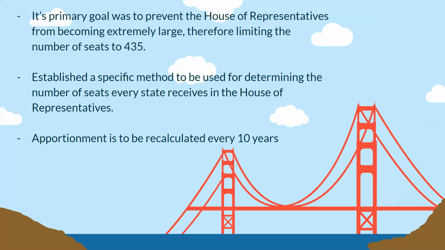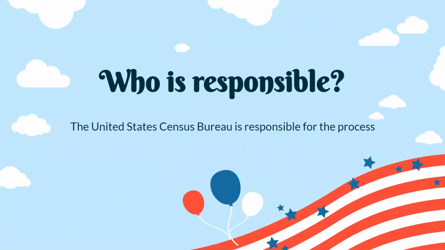So that's how they determine the new population and how seats should be allocated among states. And who is responsible for the process? The Census Bureau is responsible for getting the information of the populations among the states and then for determining how many seats are given to each state.